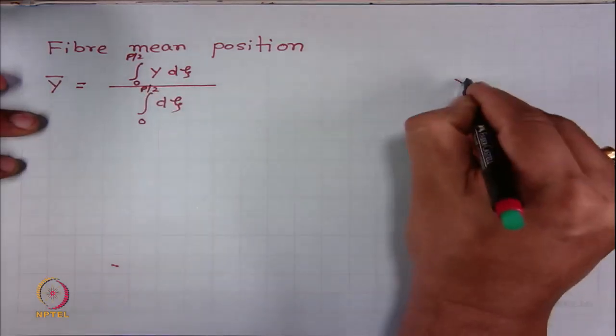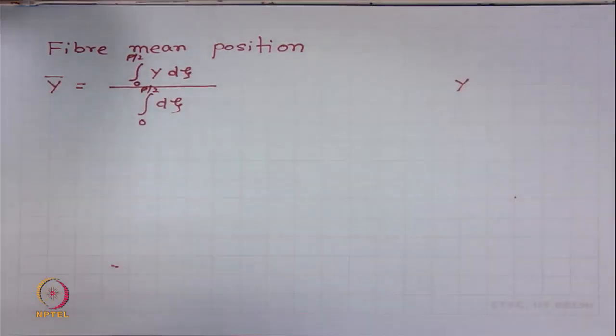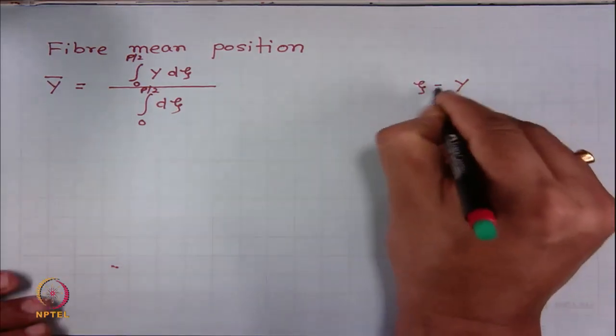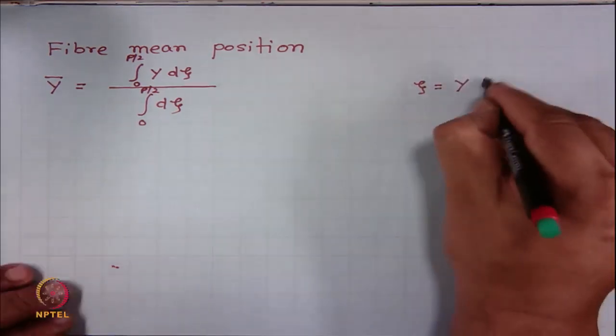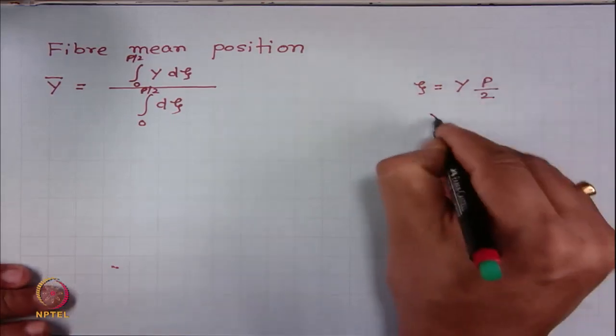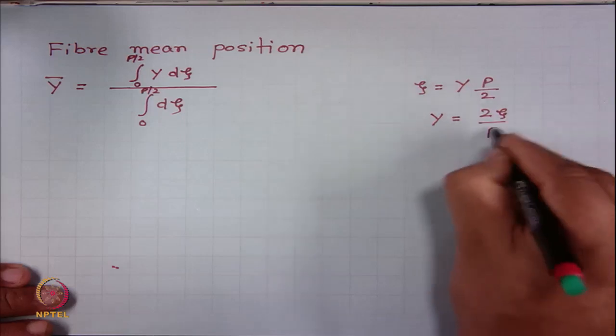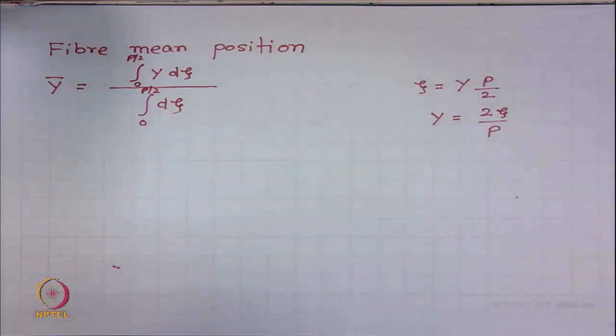And what is y? Zeta is equal to y times p by 2. So, y is equal to 2 zeta by p. This is how fiber mean position is defined.